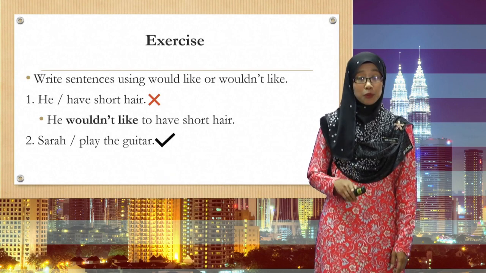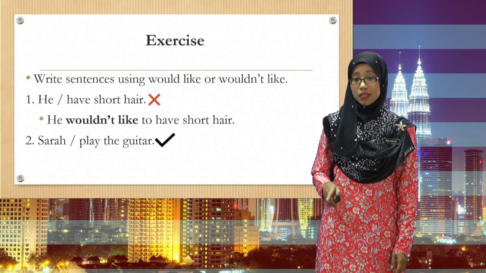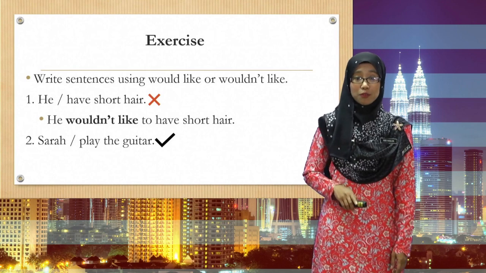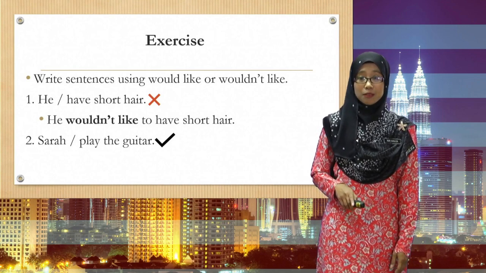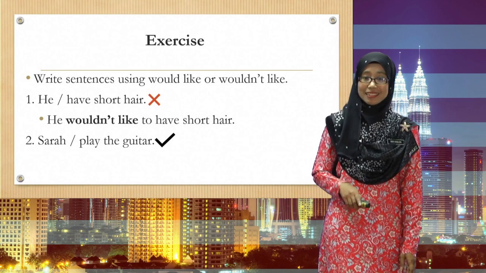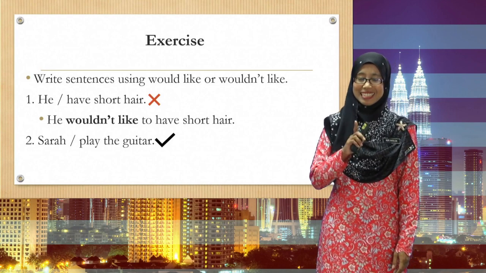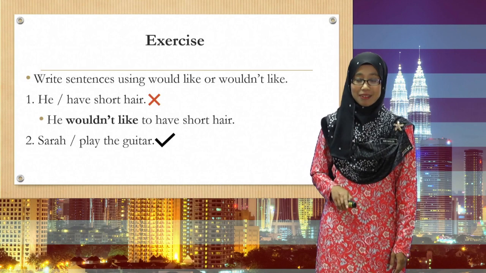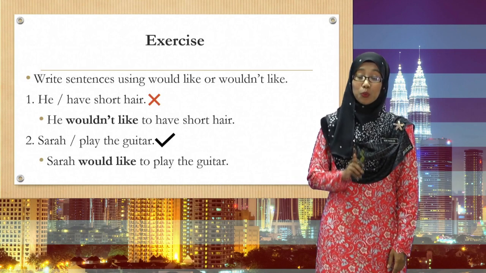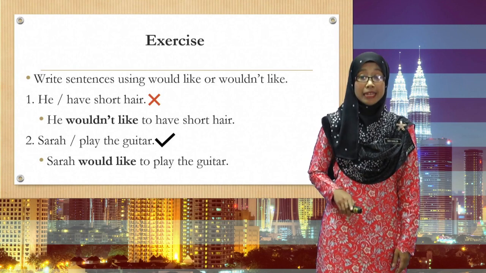We have to write would like for this sentence because it has a tick. It means that you have to write the sentence in positive sentence. So, can you guess what is the answer? Yes, you are correct. The answer is Sarah would like to play guitar.